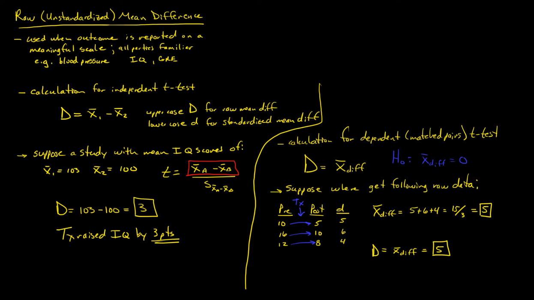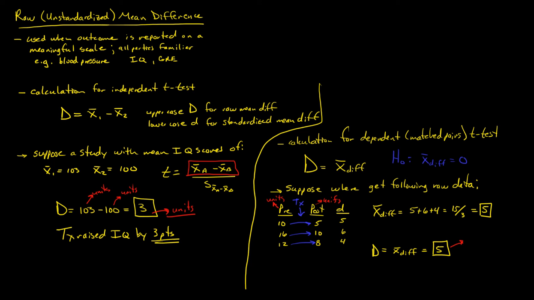One of the things that I haven't shown you yet is that when you're doing these, this has units attached to it, with their IQ units, blood pressure units, or whatever. So this difference score has units in it. Same thing here. The pretest might have units in it. The post-test has units in it.